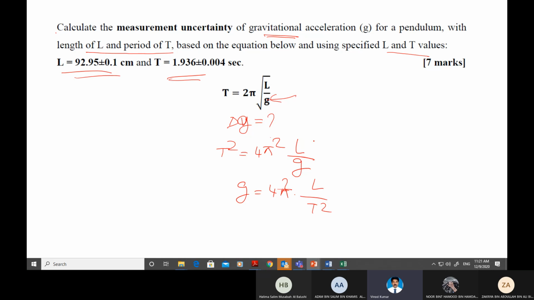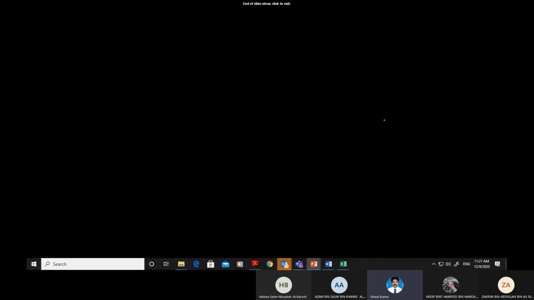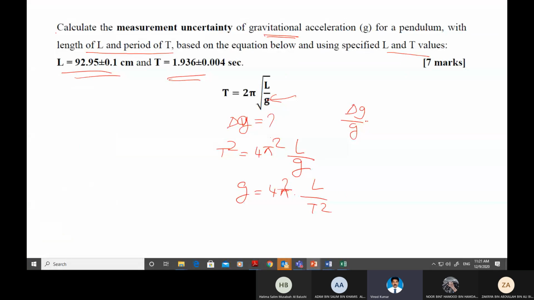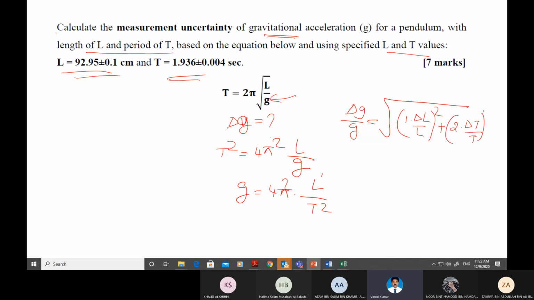This is the equation. Then how do you calculate delta G over G? Delta G over G equals the square root of, L raised to 1, so 1 times delta L over L, the whole squared, plus T squared. Even if it is divided, you can take it as 2. So 2 times delta T over T, the whole squared. Can you calculate the value, how much you are getting?